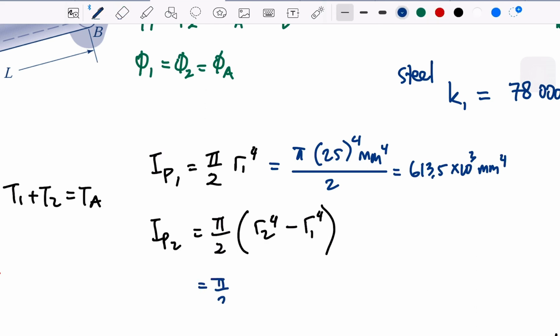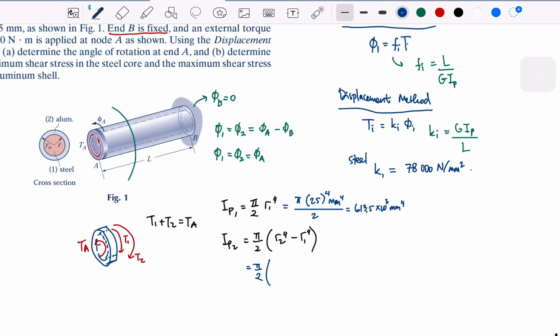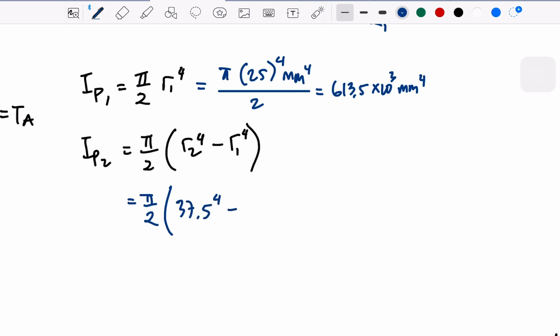And then for material 2, R2 is 37.5. So it's going to be 2 million, 2,492.7 times 10 to the power of 3 millimeter to the power 4.